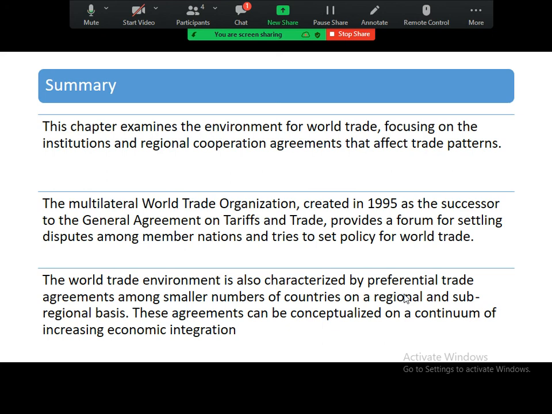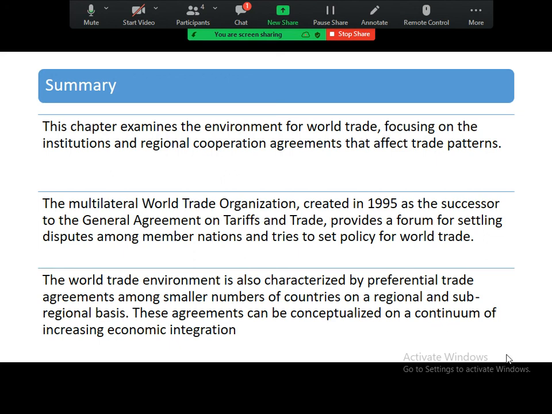The multilateral World Trade Organization, created in 1995 as a successor of the General Agreement on Tariffs and Trade, provides a forum for settling disputes among member nations and tries to set the policies for world trade. The world trade environment is also characterized by preferential trade agreements among smaller groups of countries on a regional and sub-regional basis.